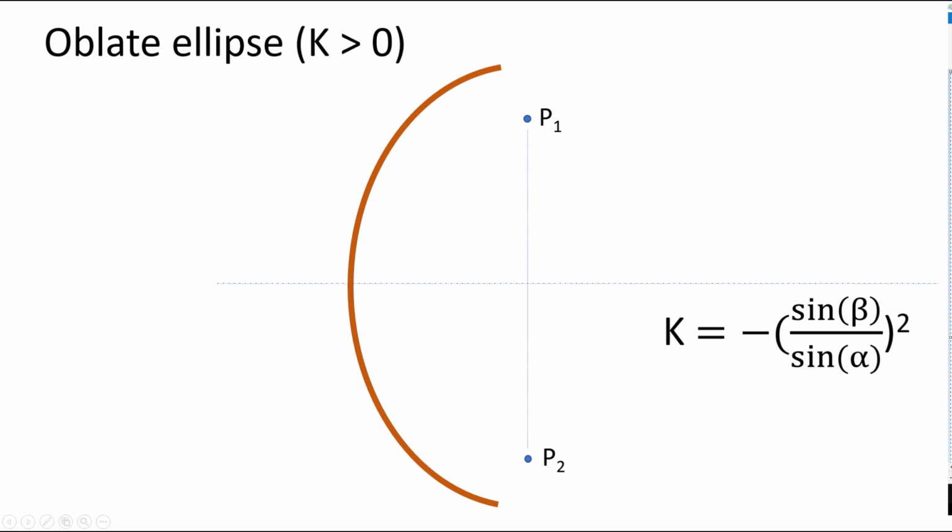Now if you quickly look at the formula of the conic constant, in order to get to a positive value, we cannot use a real number inside the brackets, because squaring a real number will always result in a negative conic constant. So with an oblate ellipse, we need an imaginary number between the brackets, and for this reason the two foci are on an axis orthogonal to the optical axis.